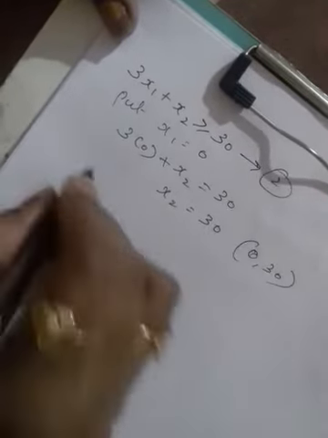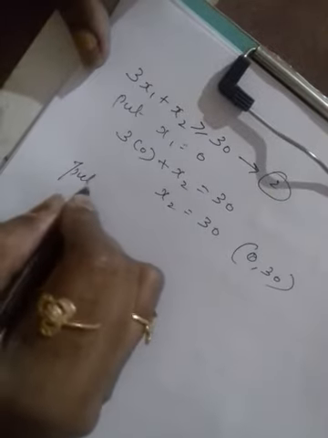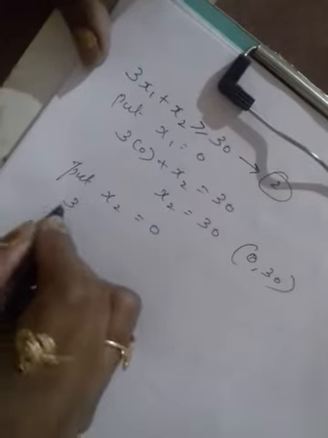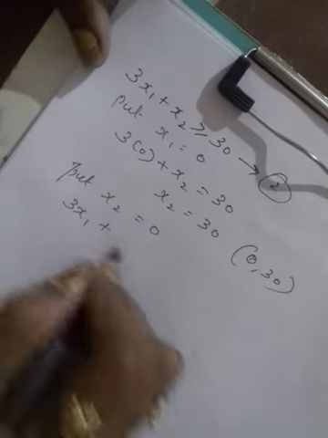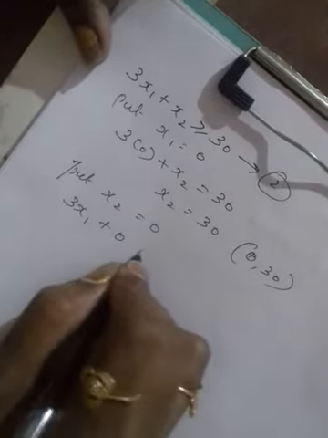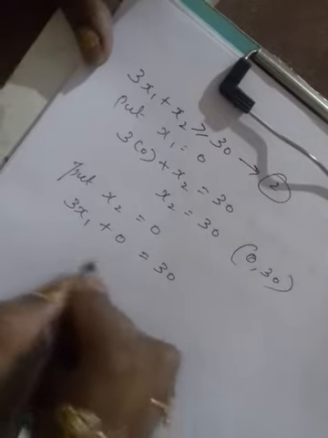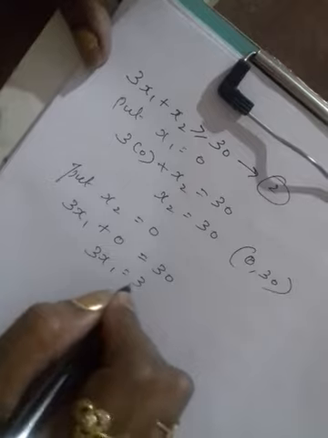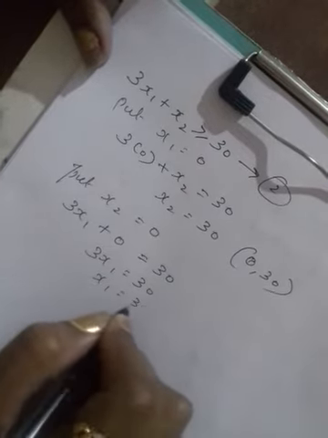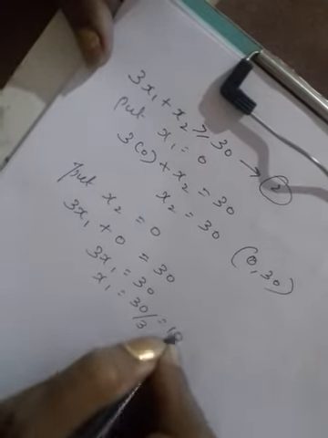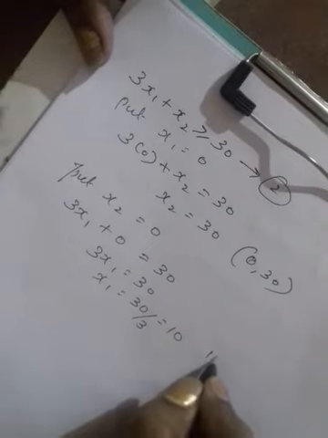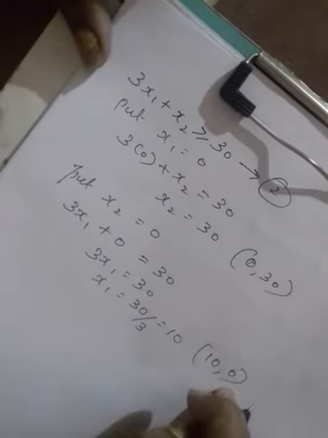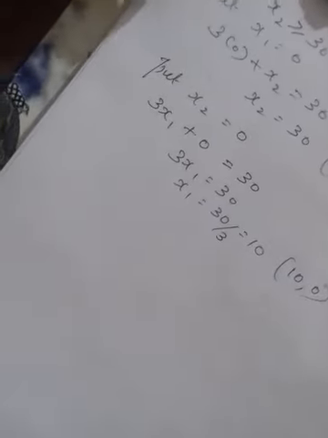Similarly put x2 is equal to 0 in equation 2. So we get 3x1 plus 0 is equal to 30, x1 is equal to 30 by 3, you will get 10. So the coordinate is 10 comma 0. So we got two coordinates for equation 2.